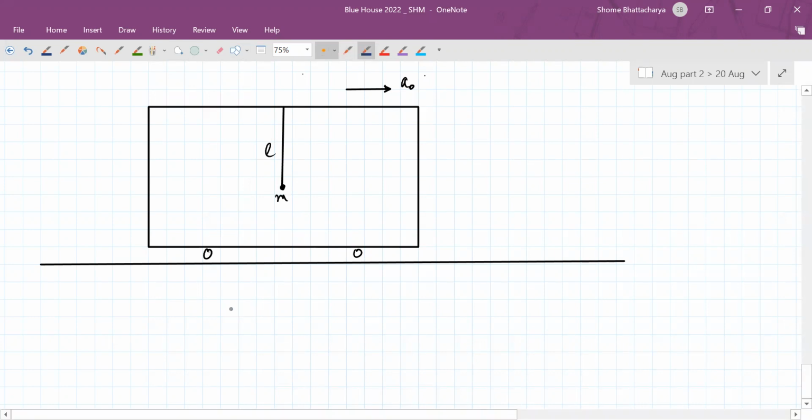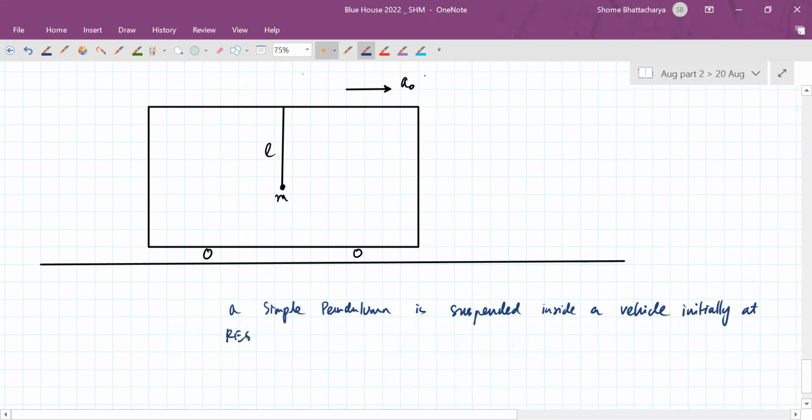So a simple pendulum is suspended inside a vehicle, initially at rest, and with the pendulum vertical.